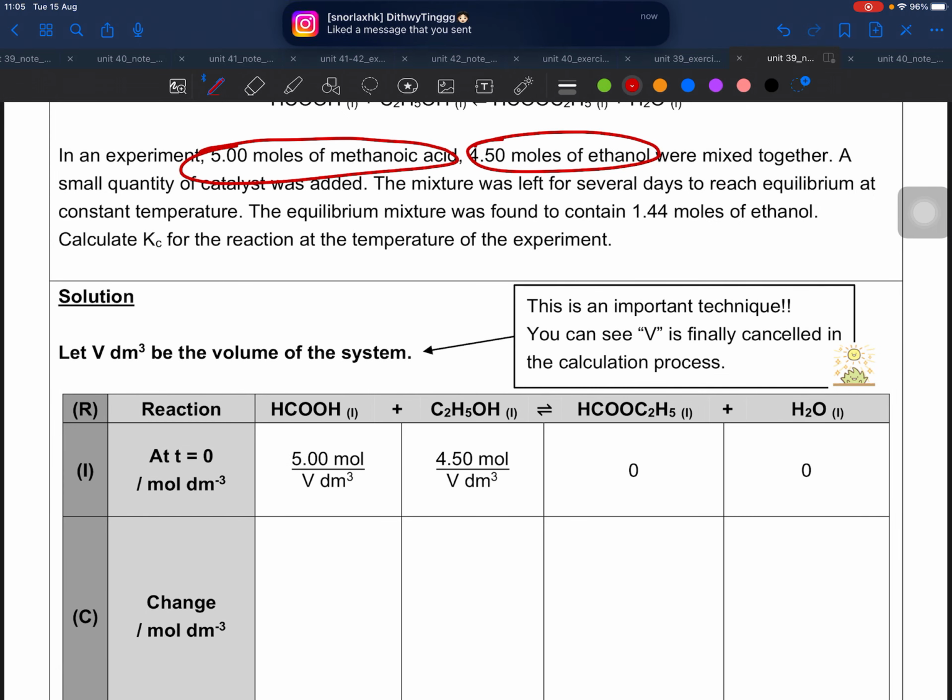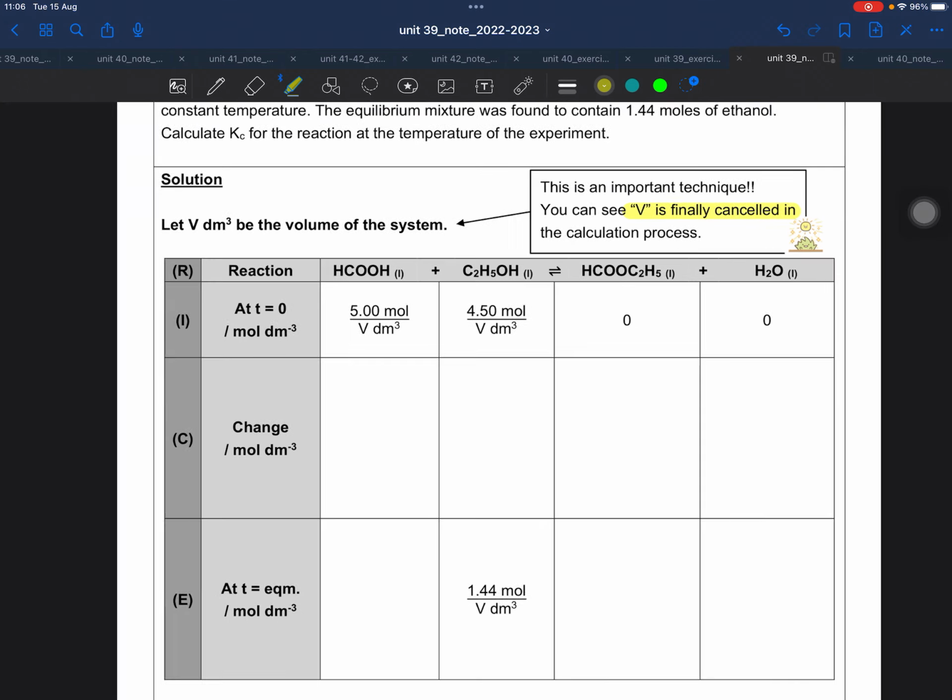The questions will not go wrong. So you are recommended to make it by yourself. You can use V to represent the volume. Don't worry, you can cancel it at the end, but don't forget this step. Otherwise, the marker may wonder if you know the volume is needed. So please keep this in your answer.